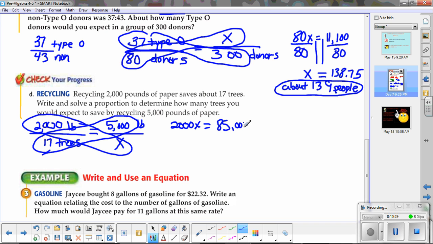Now you would divide both sides by 2,000. And that is 42.5. So x equals 42.5 trees.